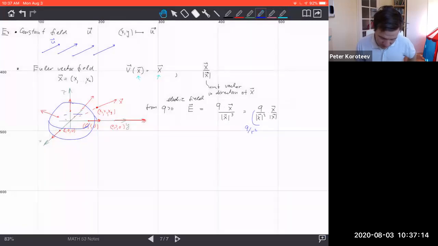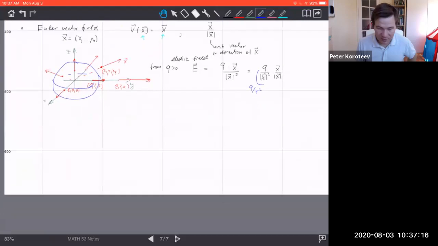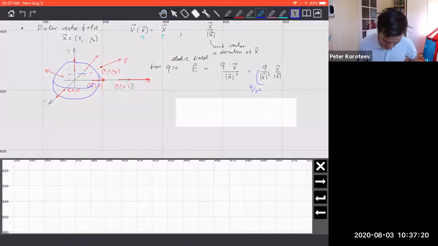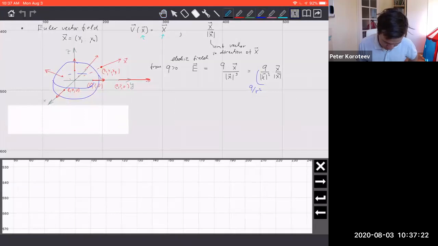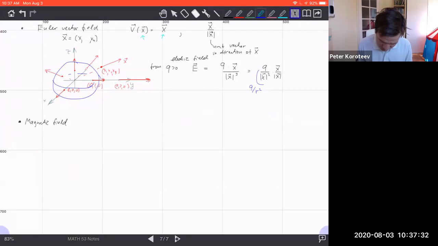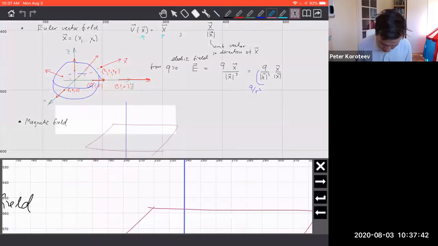Okay, so we talked about electric field. Now let's talk about magnetic field. The canonical example would be to take a current that flows along a vertical piece of wire.